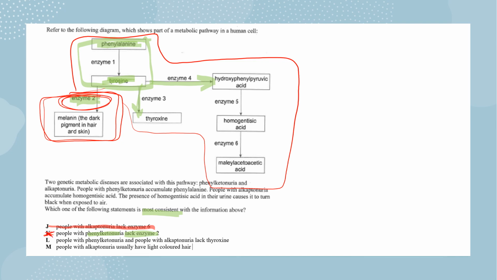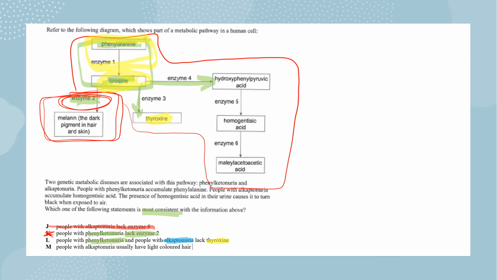So that's not consistent. The next one, saying that people with PKU and alkaptonuria lack thyroxine. Okay, so if we find where thyroxine is, let's do that in yellow. Thyroxine is here. People with PKU, we know they don't go past this point. So yes, they're not going to have thyroxine in their system because they're not even going to get to tyrosine here.